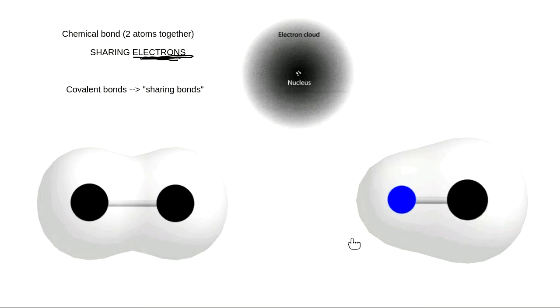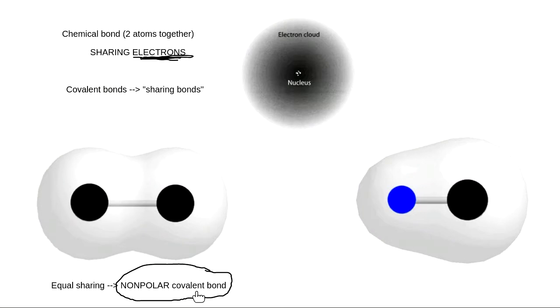In this example, I am not sharing equally. Can someone help me out in the chat? If I share electrons equally, what's the special name for that kind of covalent bond? If we do equal sharing, that one's called absolutely a non-polar covalent bond.